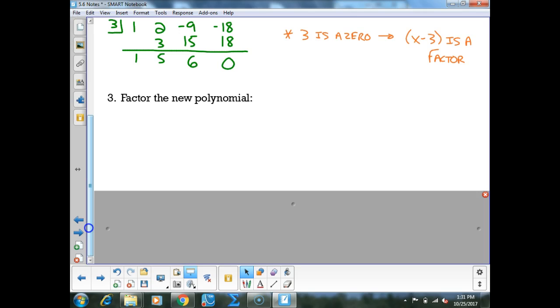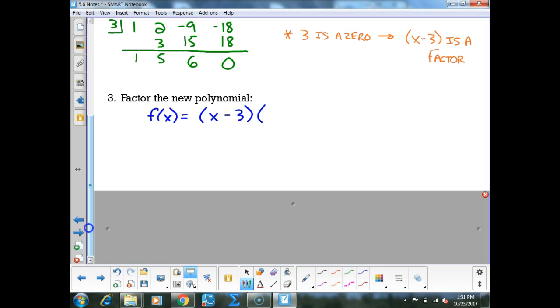Now, I'm going to factor that polynomial. So my new polynomial now is f of x is equal to x minus 3 is a factor. And when I divide x minus 3 into that polynomial, what do I get?